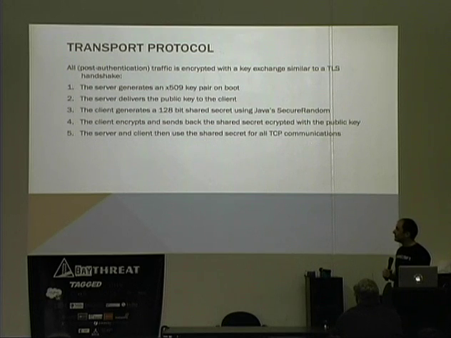Basically, whenever the server boots, it generates an X509 key pair. Whenever the client connects, the server delivers the public key from the X509 key pair. The client then generates a 128-bit secure random key that it submits back to the server, and then that gets used for all future communication between the client and the server.